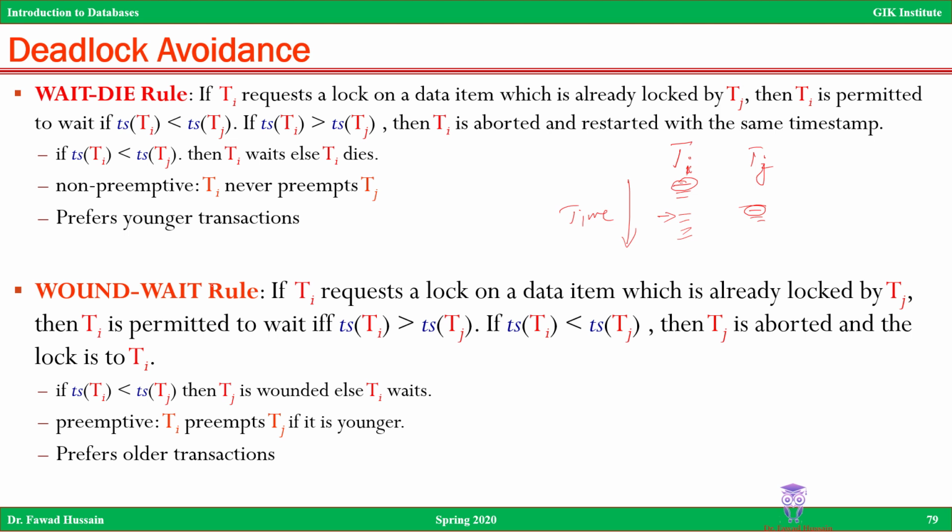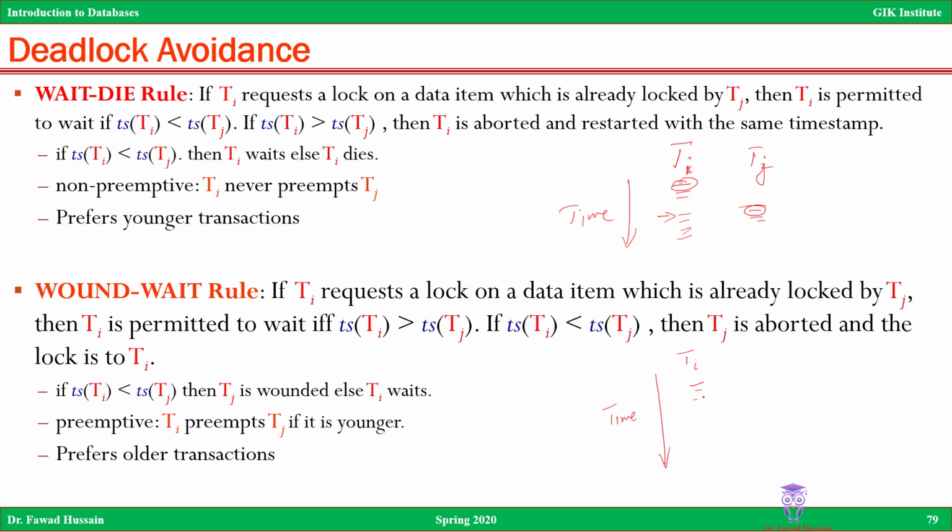The wound-wait rule says that if Ti requests a lock on a data item which is already locked by Tj, then Ti is permitted to wait if and only if the timestamp of Ti is greater than the timestamp of Tj. If it is not the case, if Ti is less than Tj, then abort Tj and the lock is given to Ti. So in this case, if I have Ti, so again this is my time.